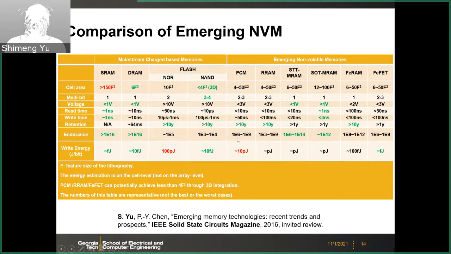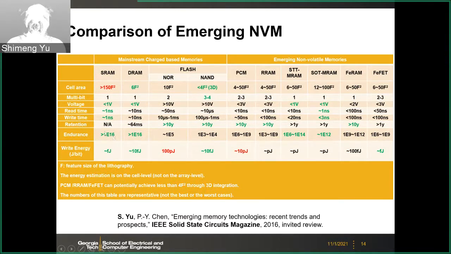And then endurance, how many cycles you can write the data. So here NAND flash today is only like 10 to the power 3 or 10 to the power 4. And then SRAM and DRAM should have very good endurance, theoretically infinity. And if you look at the numbers, it should be larger than 10 to the power 16.